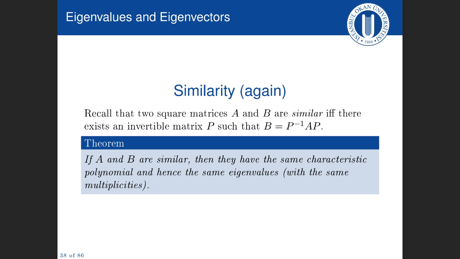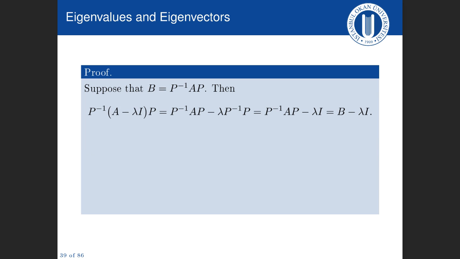Let's prove this. So we're starting by supposing that A and B are similar matrices. So we're starting by supposing that B is equal to P inverse AP. Anytime we're doing a proof of similar matrices, we're going to start with B is equal to P inverse AP.